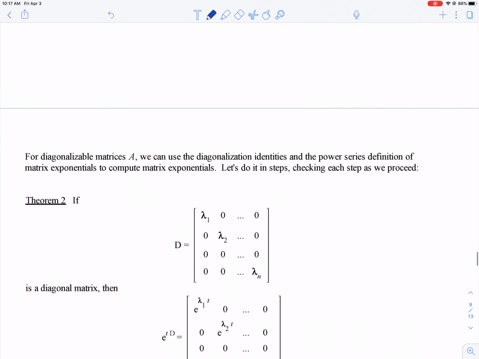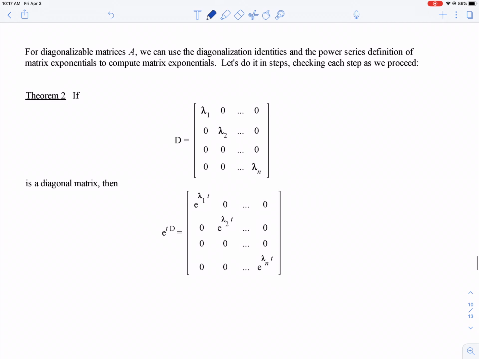Okay. Now, the main way that you'll be computing e to the tA when you don't have a power series, which looks very good, is you'll be using diagonalization. And so let's build up to that in a sequence of a few steps.